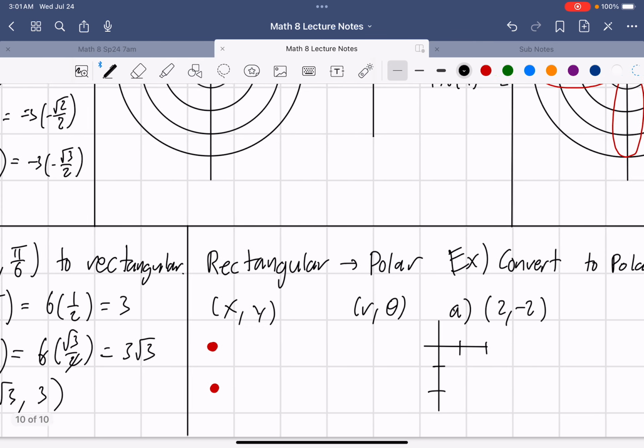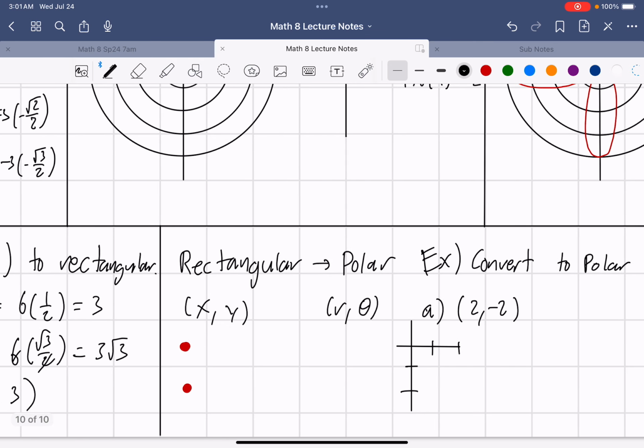Now for going from rectangular to polar, it can be a little more challenging, but the concept's the same. I want to be able to find a relationship between x and y and my r and theta. And the perfect way to do that is with tangent theta equaling y over x.